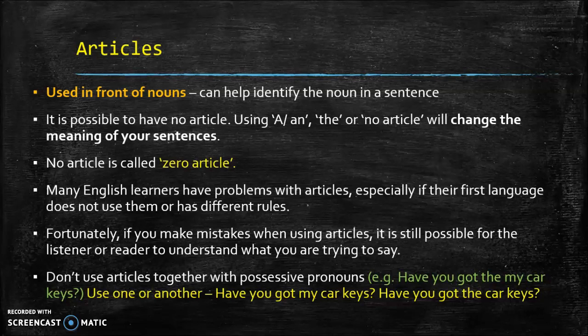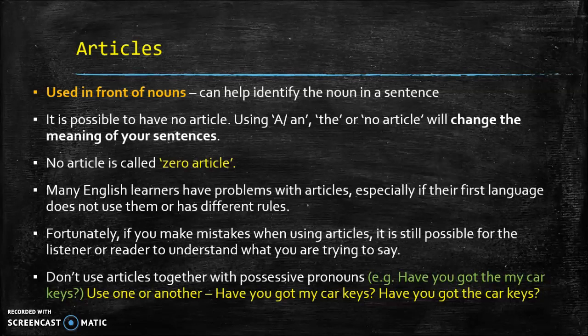The no article is called zero article by many people. A lot of English learners have problems with articles, especially if they come from a language where they don't have articles or they have a different system. So it is something that is difficult for learners of English as a second or other language.